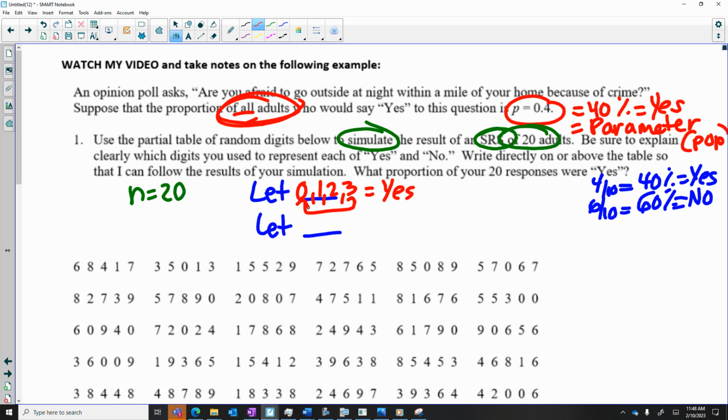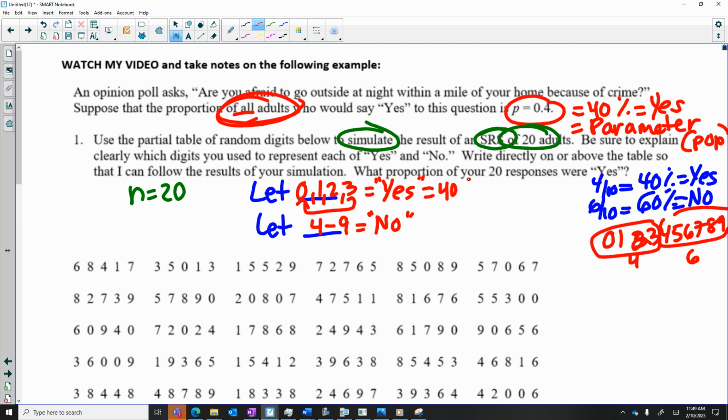And then the rest, 4 through 9, is going to represent no. If you count the digits from 0 through 9, you have to include the 0. That's 10 numbers. So 0 through 3 is 4 numbers, and 4 through 9 is 6 numbers. That's why I did the 40% and 60% breakdown, okay?